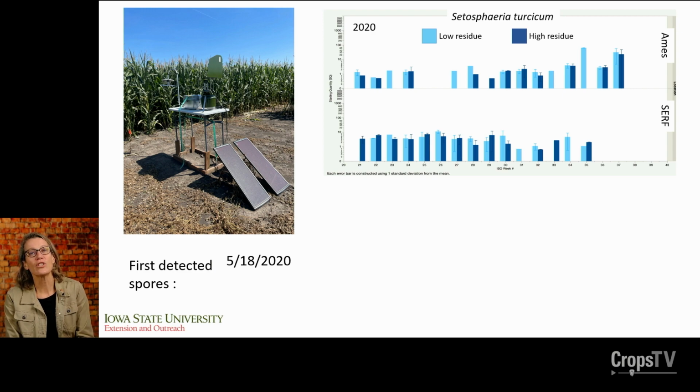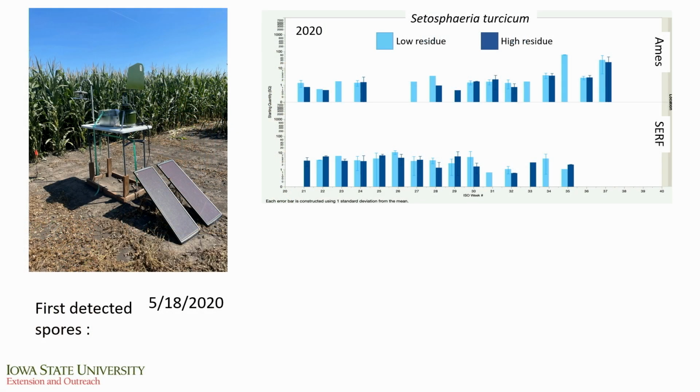We first detected spores of the northern corn leaf blight fungus at Ames and down at the Southeast Research Farm around about the 3rd to the 4th week of May. You'll see on the slide that we have light blue and dark blue, which represents low residue and high residue.